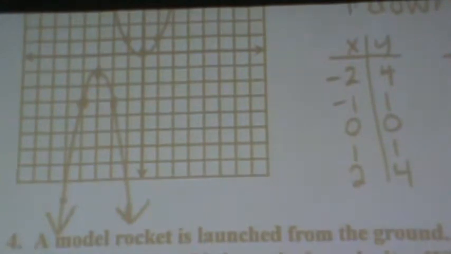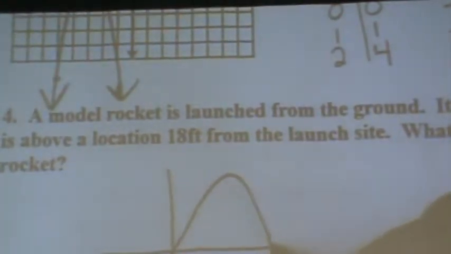Okay, this next one, number 4. A model rocket is launched from the ground. And this is what happens. When you launch something, it's going to go up, and then it's going to come down.